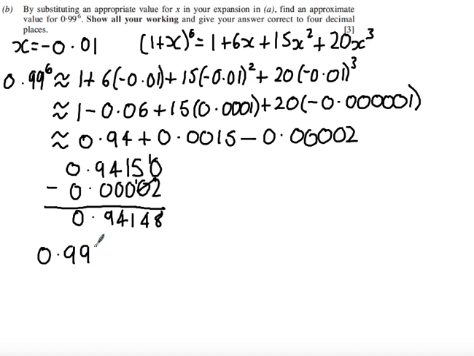And we have to make sure that we do the approximation fully, because it might not always round nicely like it does here, but 0.9415 corrects to 4 decimal places.